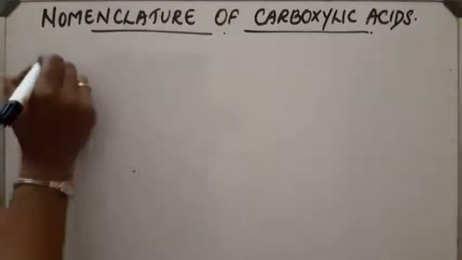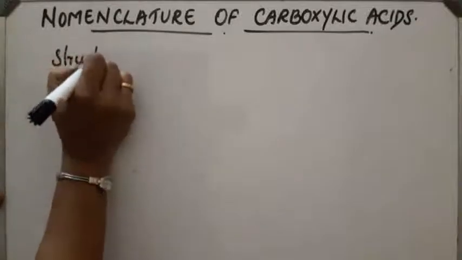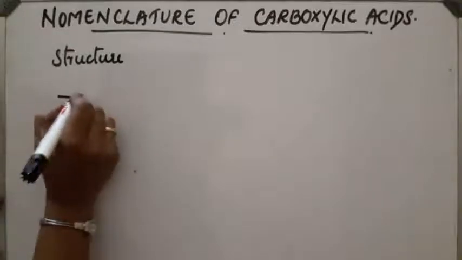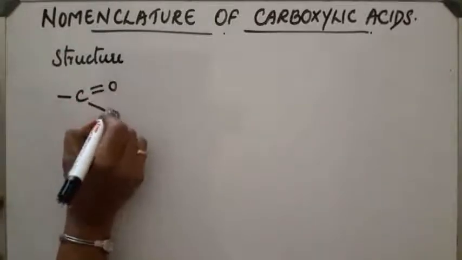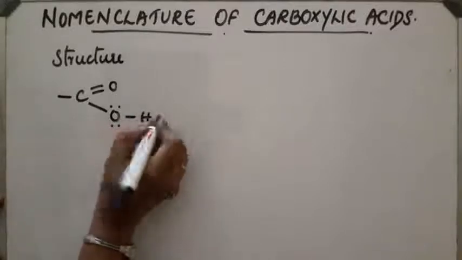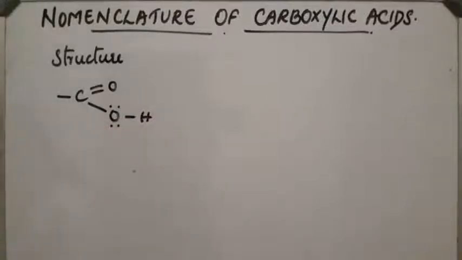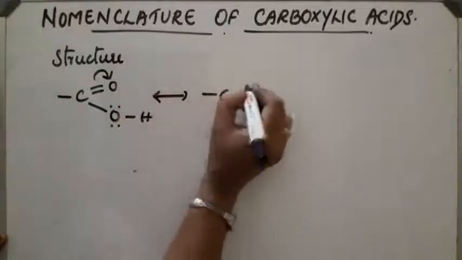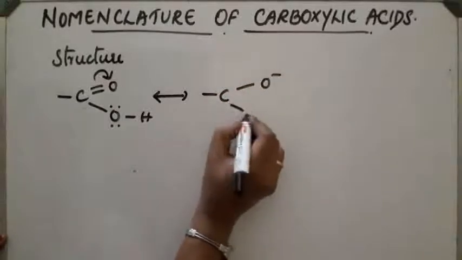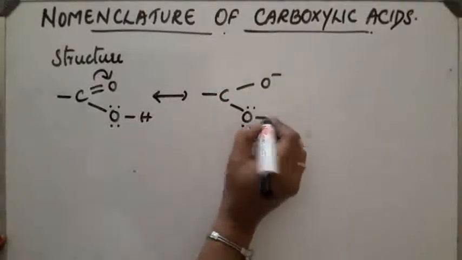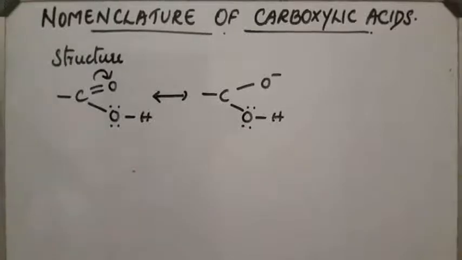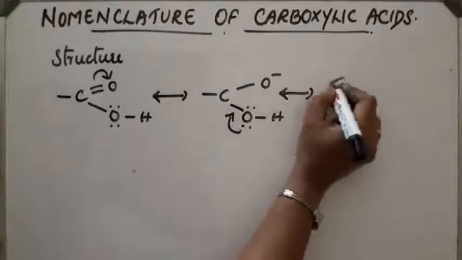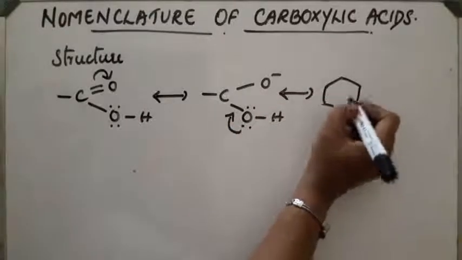Next, structure of the carboxyl group. The carboxyl group will be like this: C double bond O, OH. It contains a carbonyl group and a hydroxyl group. It is resonance stabilized, like this.